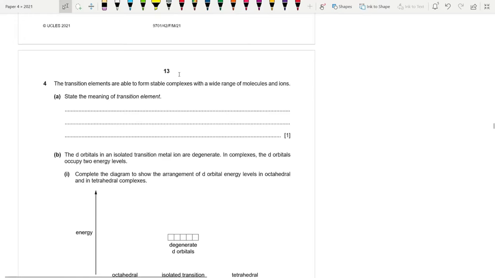Moving on to 4, we have 4, 5, 6, 7 left. These are the ones remaining. State the meaning of transition element. Let's do this.